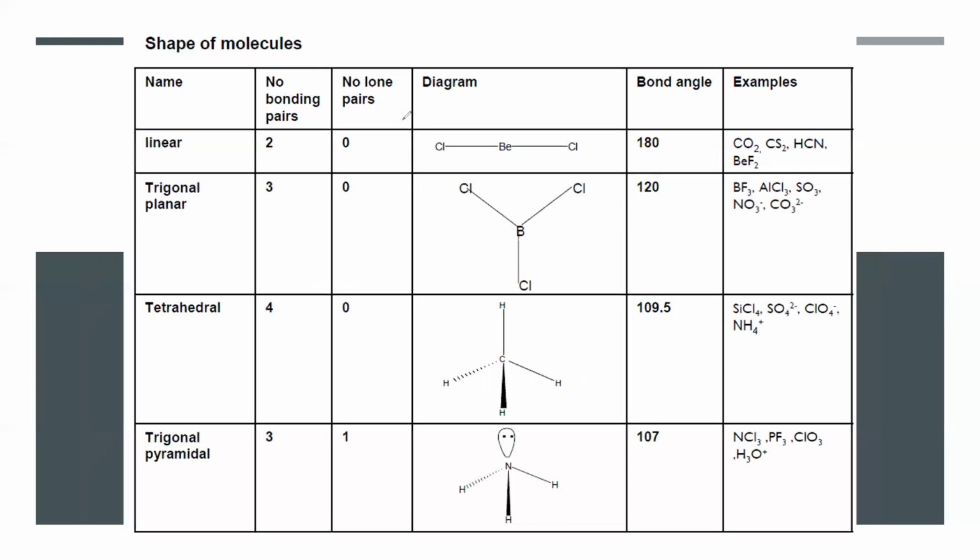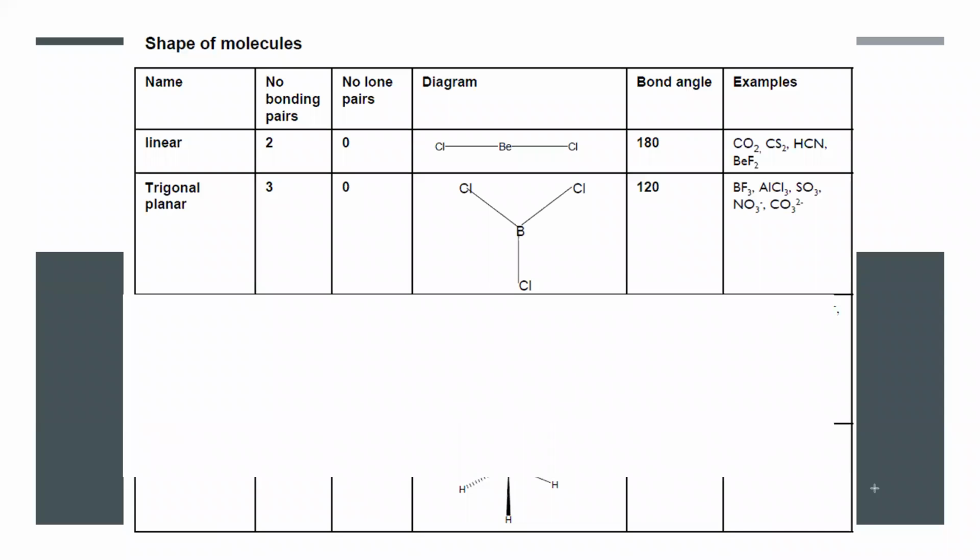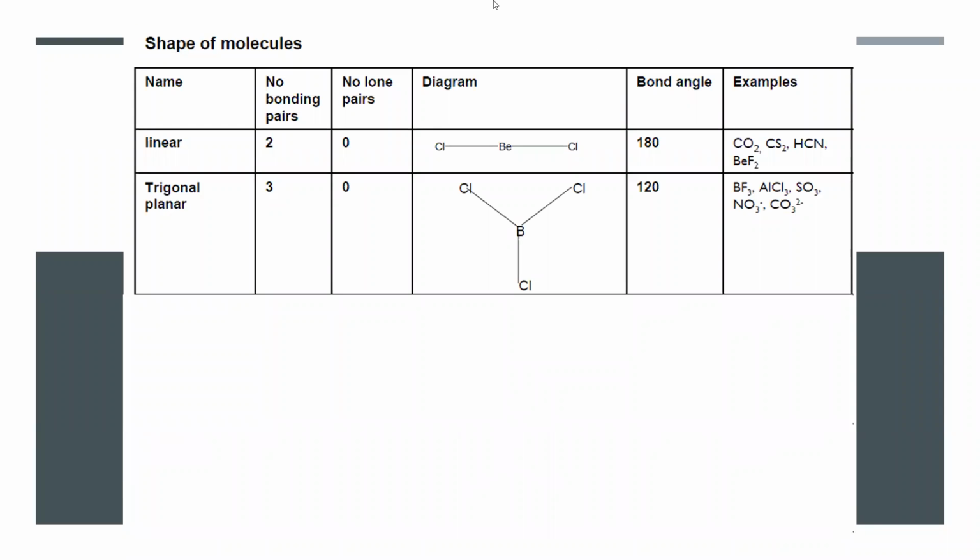If 3 bond pairs are there and there is no lone pair, then it will be trigonal planar. Like if you want to draw the structure of nitrate, carbonate or sulfur trioxide. Basically nitrogen belongs to group 5, so it is having 5 electrons in the outermost shell.